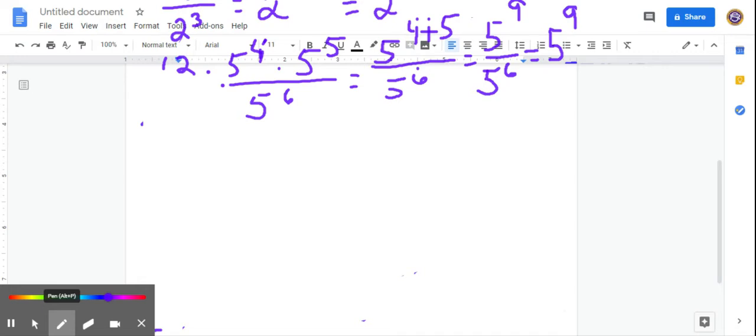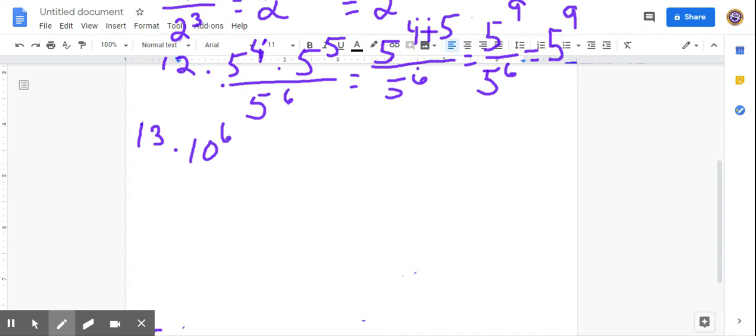Number 13, you have the mass of a boulder is 10 to the 6th grams. The mass of a pebble is about 10 grams. The mass of the boulder is how many times the mass of the pebble? So that's just a division problem. 10 to the 6th divided by 10. Again, remember there's a 1.